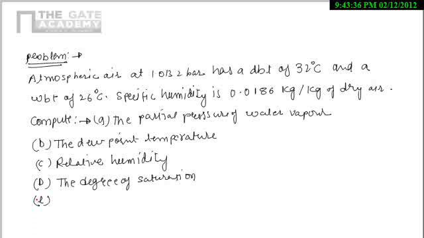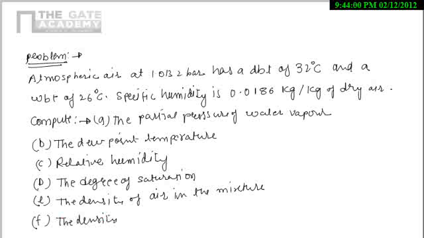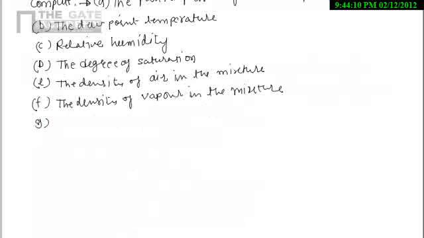E, the density of air in the mixture. F, the density of vapor in the mixture. And G, the enthalpy of the mixture.